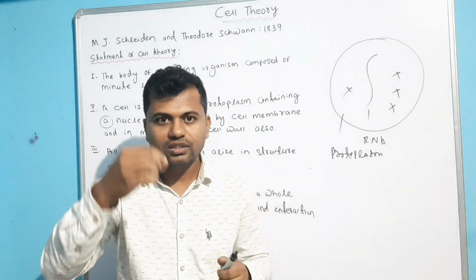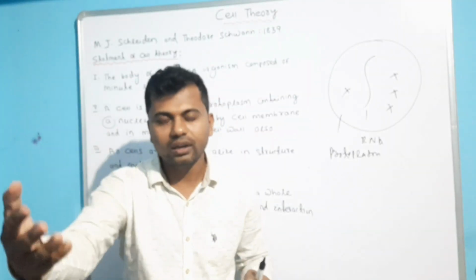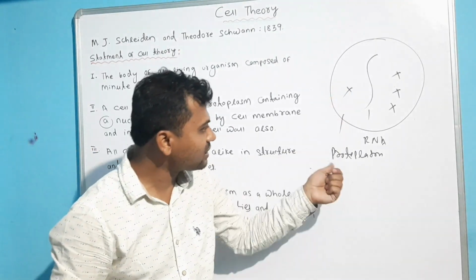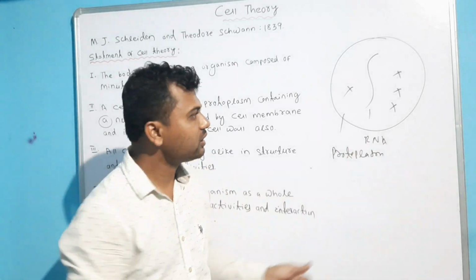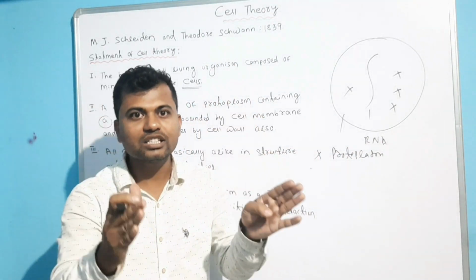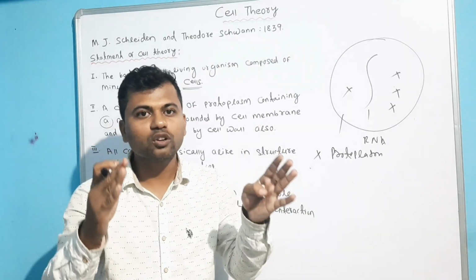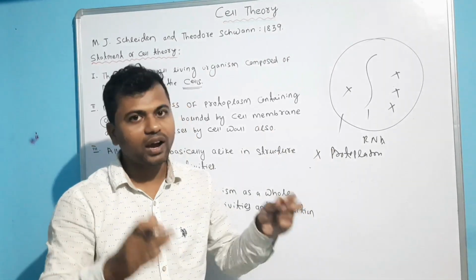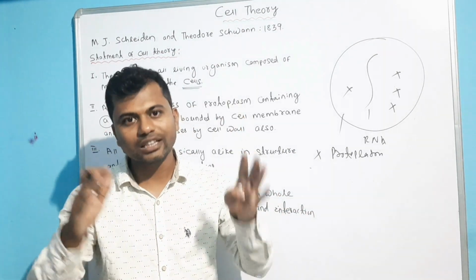When the virus is present outside of our body, it acts as dead. So this virus is neither living nor dead. This virus does not have protoplasm. Because it has no protoplasm, it lacks functional autonomy, and that's why viruses are an exception to the cell theory.